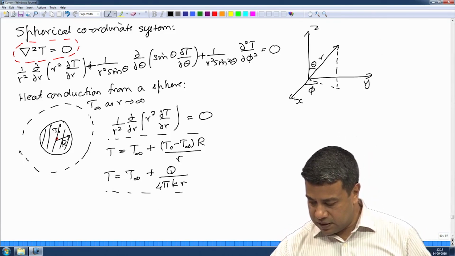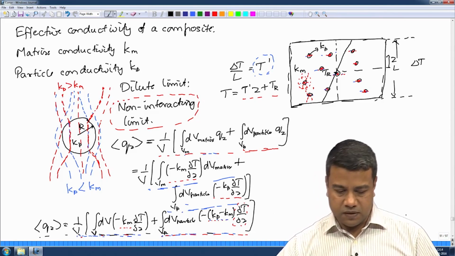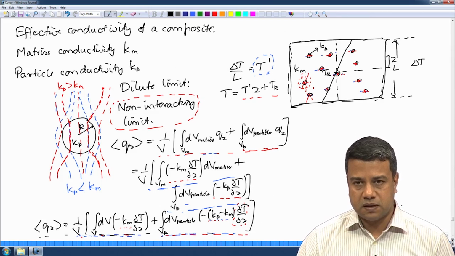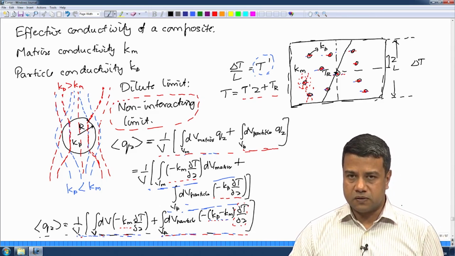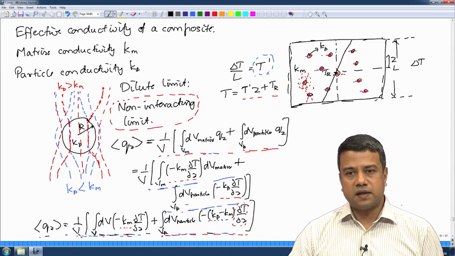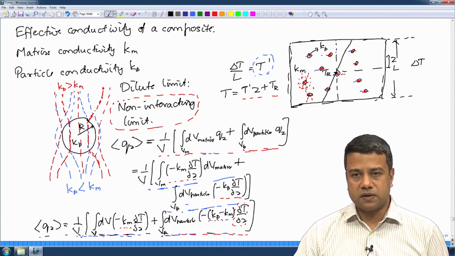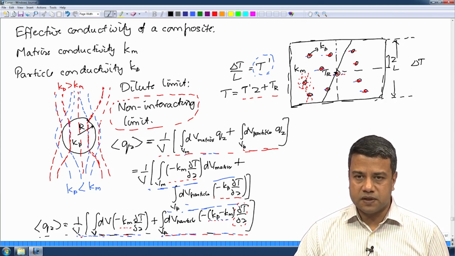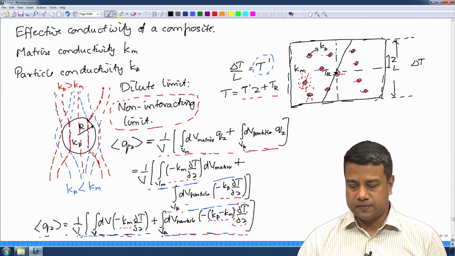And then we had taken a slightly more complicated problem, which was the effective conductivity of a composite which consisted of spherical inclusions. The fact that the thermal conductivity of the inclusion is in general different from that for the matrix implies that there is going to be a disturbance to the temperature field around the inclusions.